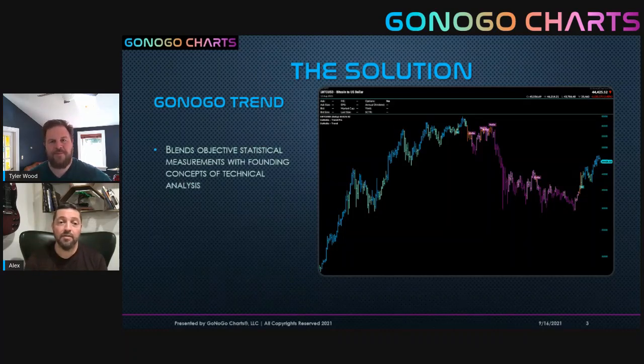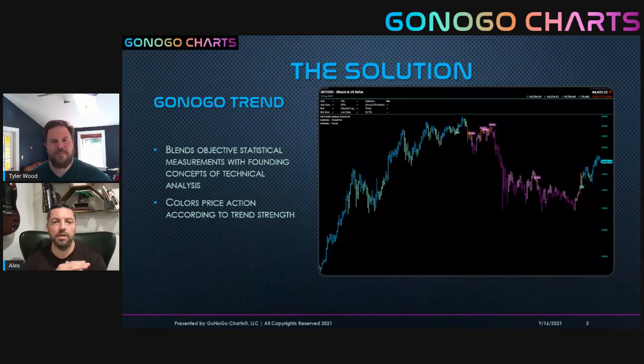So what we have with the GoNoGo trend is a tool that blends objective statistical measurements along with the founding concepts of technical analysis to color the price bar according to the strength of its trend. And when you do that, you are left with price remaining the focus of your chart.